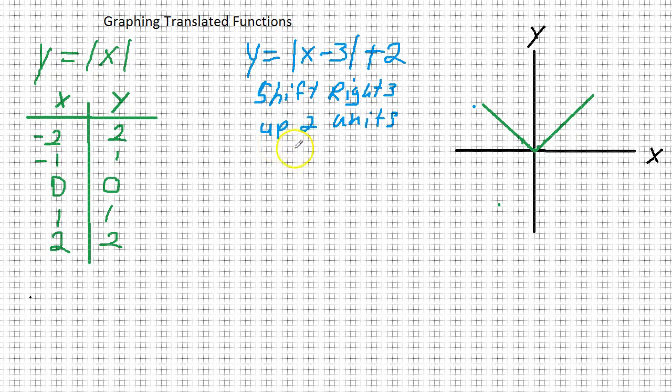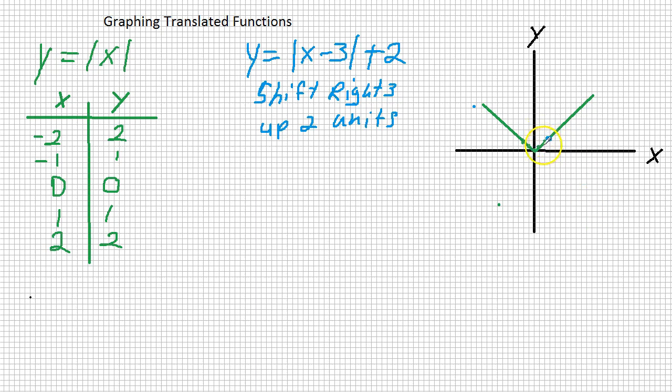Now, we can do this in the table. We could also do it in the graph. In the graph, we would take each point and move it right 3, up 2. So if I take my vertex, I move it right 3 squares and up 2 squares. I'm right here.